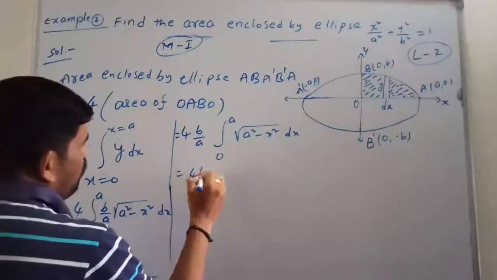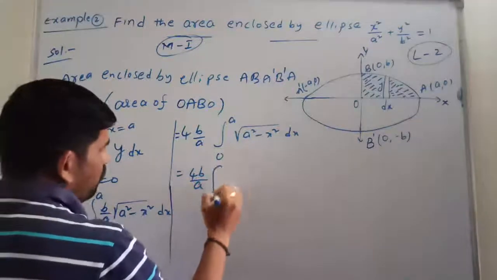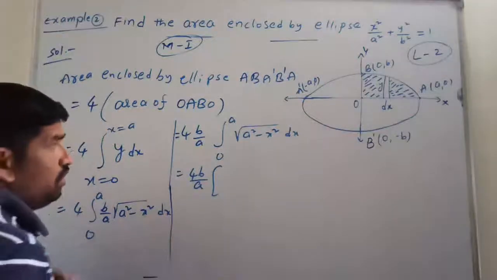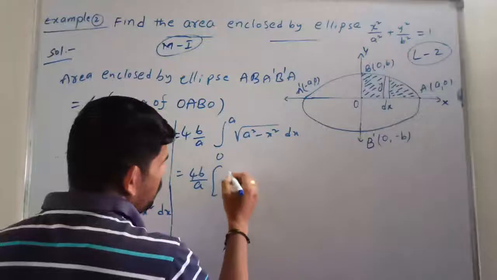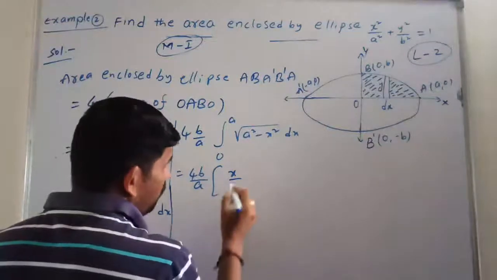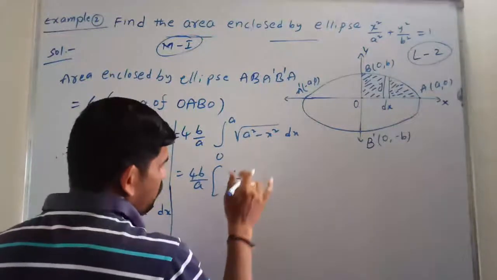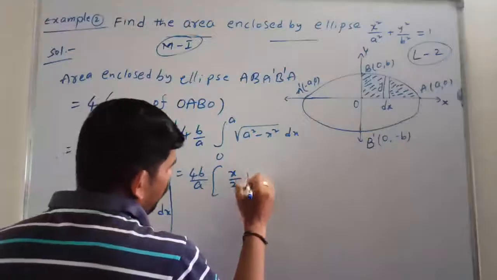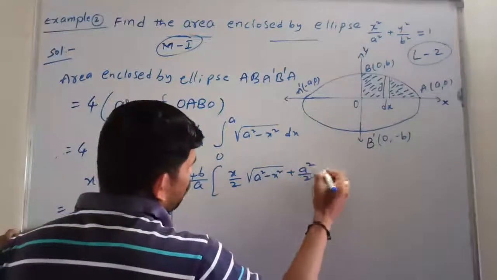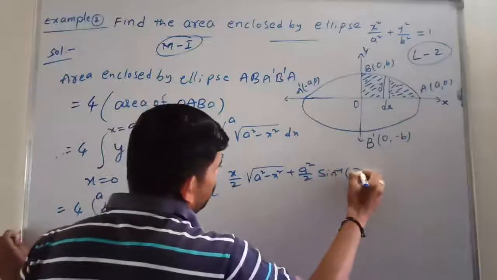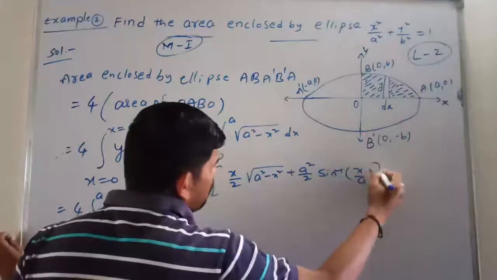Now 4b by a. Now apply the formula for integration of root of a square minus x square. We know that formula, we used it in example 1 also: x by 2 into under root of a square minus x square plus a square by 2 into sine inverse of x by a. Over. Yes, this one only.